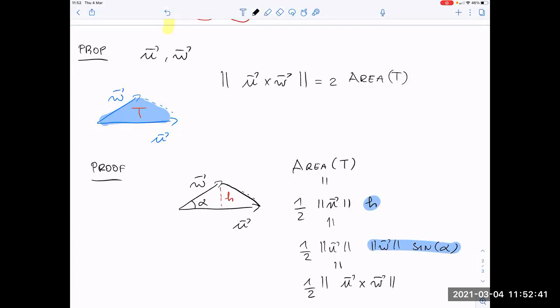And so this is why we get this nice relation for the area of a triangle, which means that if you are in 3D and you have a triangle in 3 dimensions, you can easily compute the area of the triangle, making the sides into vectors and computing the cross product using the formula that we described before.